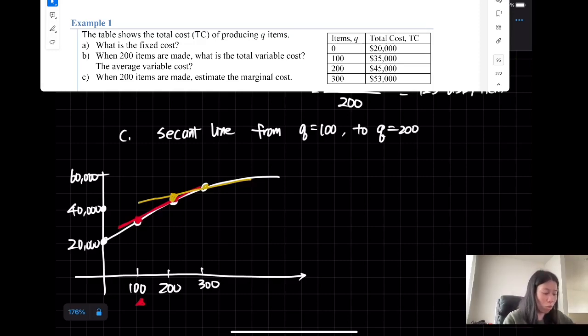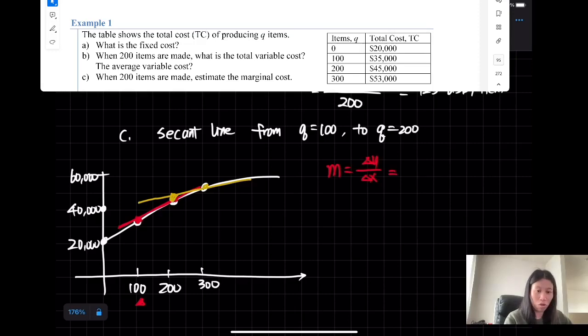All right, so let's do the first approach. The first approach is we want to find the secant line from Q equals 100 to Q equals 200. That would be the first slope that we are trying to find. So the first slope, m equals the change in y over the change in x.